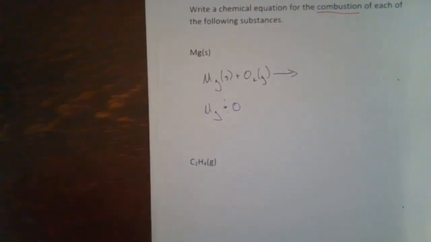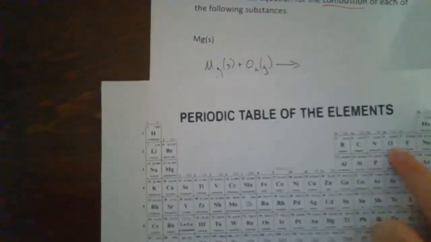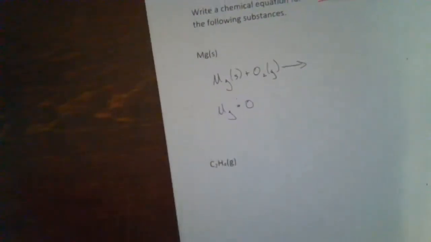Well, we can use our periodic table, and we can look up that magnesium is a metal and oxygen is a non-metal. And we know that when a metal and a non-metal form a compound, that compound is going to be ionic. Magnesium's over here, on the metal side, oxygen's non-metal. So we're making an ionic compound.